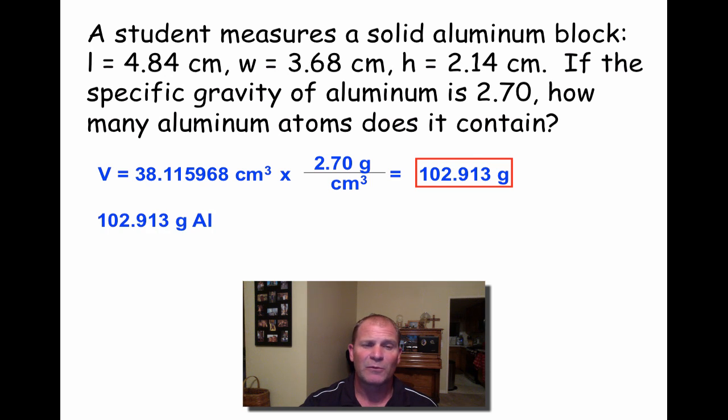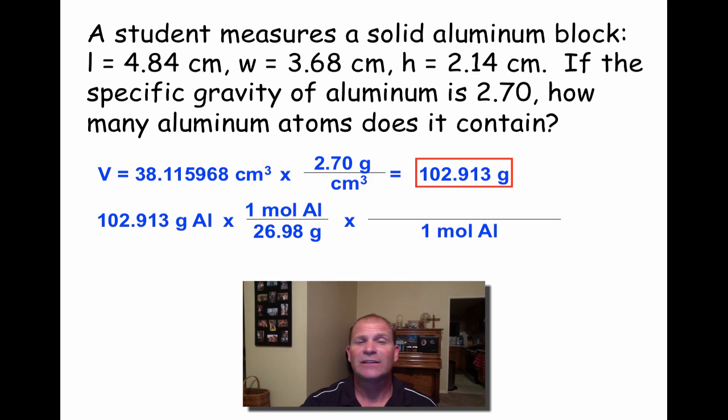So I know I can go from grams to moles by way of molar mass. And I get molar mass from the periodic table. So I look up aluminum on the periodic table, and I see that it has a molar mass of 26.98 grams per every 1 mole of aluminum. That gets me from grams to moles. But I want to get the atoms. So then I go from 1 mole, which I know is equal to 6.022 times 10 to the 23rd of anything.